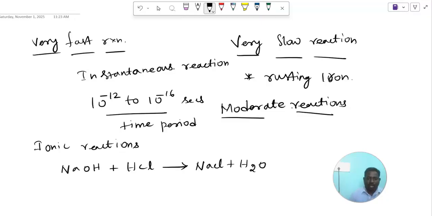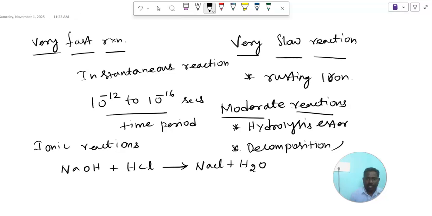The examples for moderate reaction are hydrolysis of ester, decomposition of HI and even N2O5.